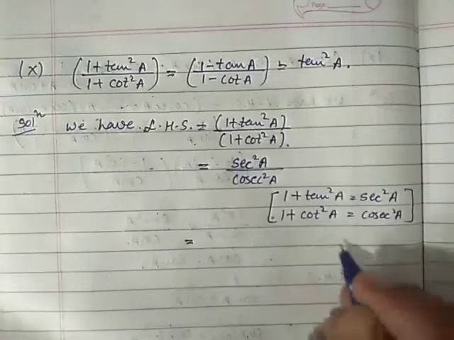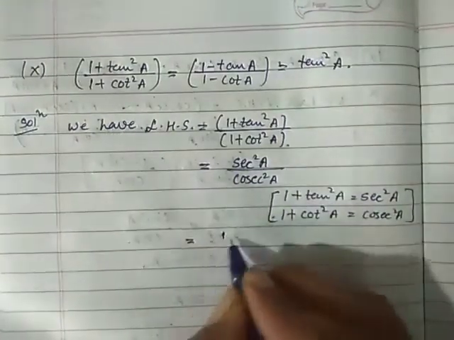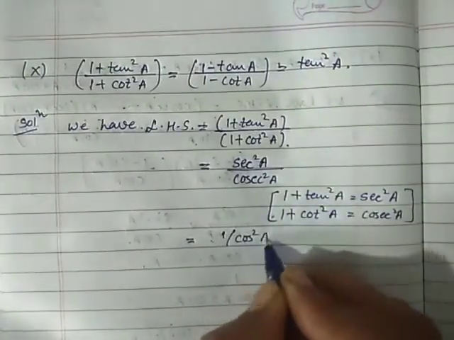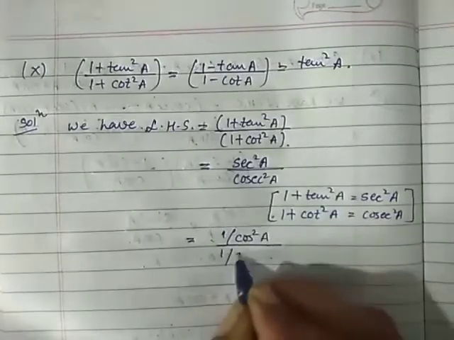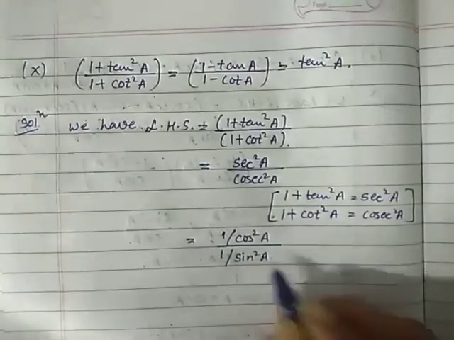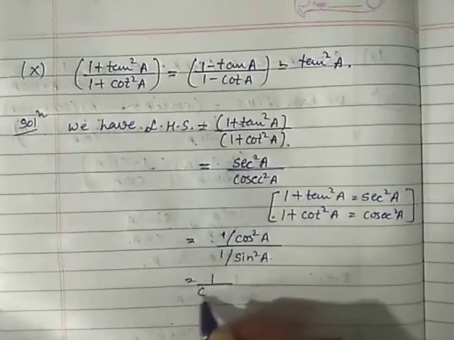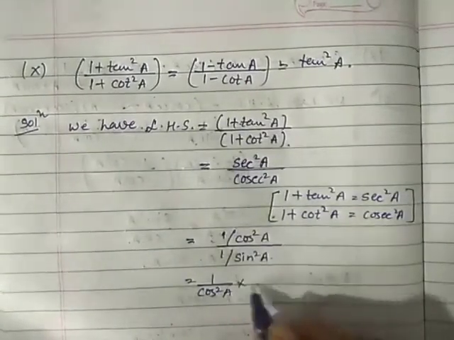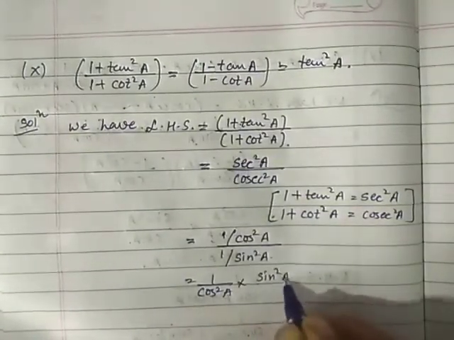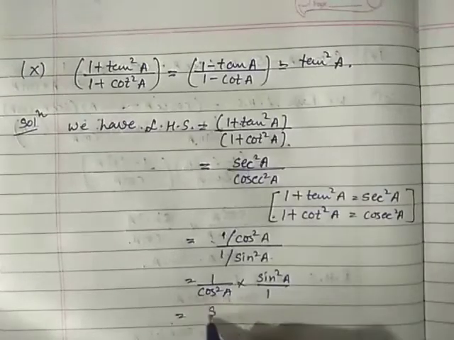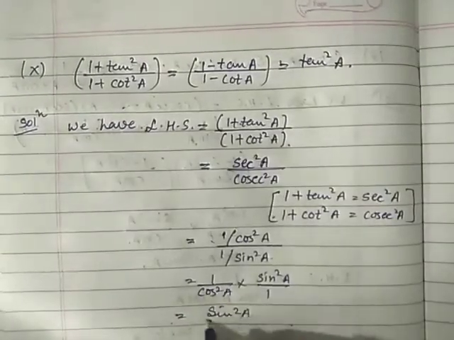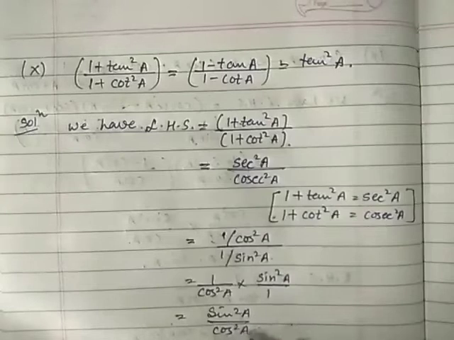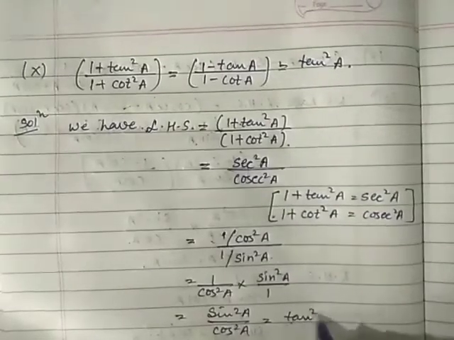So here let us simplify it. 1 by cos square A upon 1 by sin square A. So 1 by cos square A into sin square A upon 1. So sin square A upon cos square A is equal to tan square A.